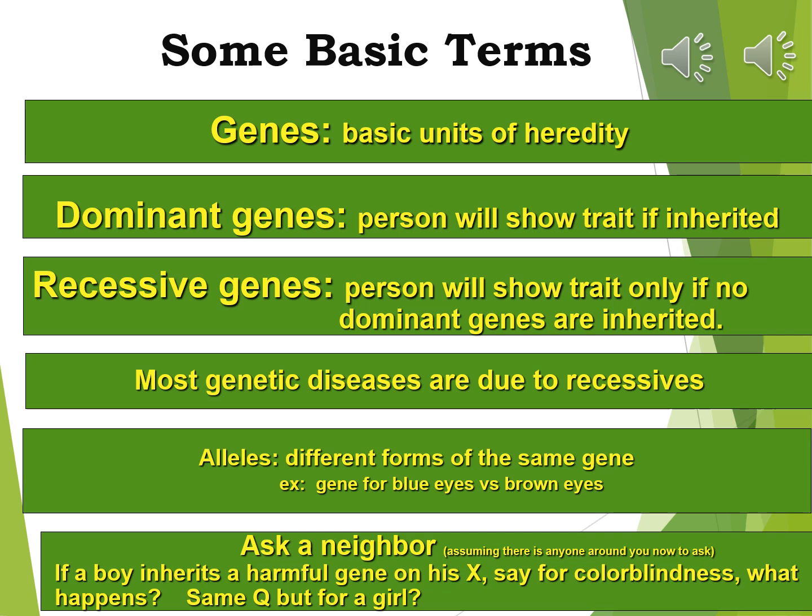So on the 23rd pair, males have an XY, only one X in other words. So if he inherits a recessive gene, in this case a harmful one for color blindness on his X, there's no dominant healthy gene to override it, so he will be colorblind. But for the girl, she has two X chromosomes, and we're saying that she's inherited one for color blindness.